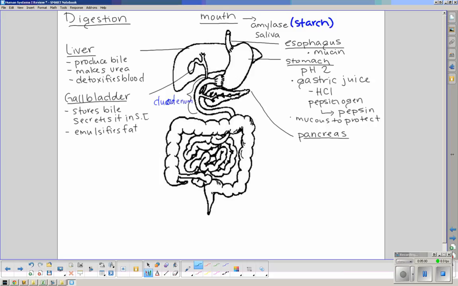The pancreas is an essential organ that helps us regulate sugar. It secretes insulin and glucagon, which regulate blood sugar. In this case, it actually secretes certain chemicals into the intestinal tract, and that's what we'll write down here.